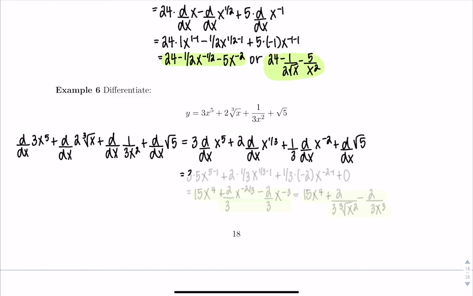So we have 3 times 5x to the 5 minus 1 plus 2 times 1/3 x to the 1/3 minus 1 plus 1/3 times negative 2 x to the negative 2 minus 1, and the derivative of a constant is 0.